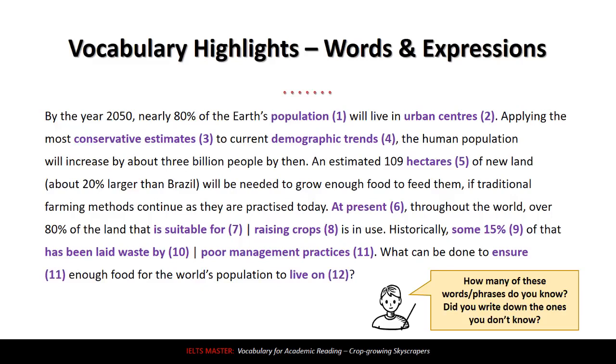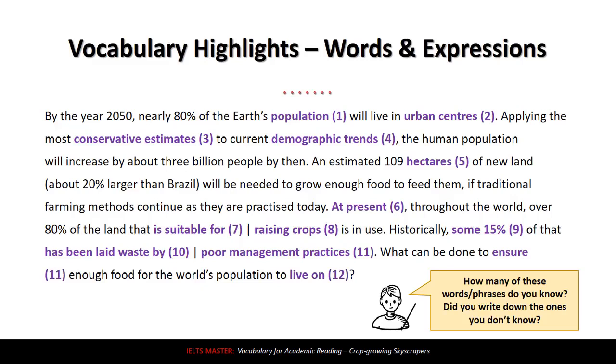And number 10, has been laid waste by. Okay, or you could say laid waste by. It's okay to remember that too. To lay waste by is probably to be destroyed by, or to be damaged by. Okay, and then what is it damaged by? Well, it's damaged by poor management practices. This is just a nice collocation.